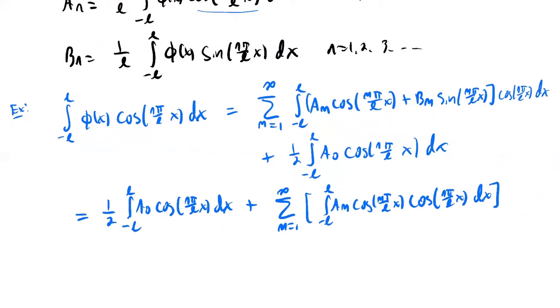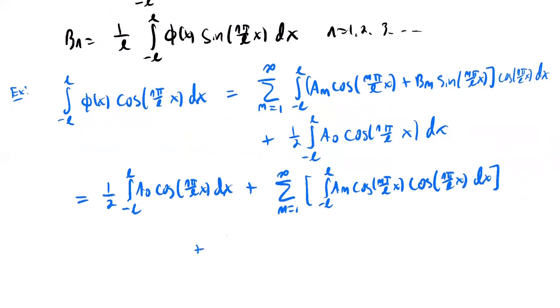And then I have the other piece corresponding to the b_m terms or the sine terms. So I have the sum from m equals 1 to infinity of the integral from minus L to L of b_m times sine of m pi over L x times cosine of n pi over L x dx.